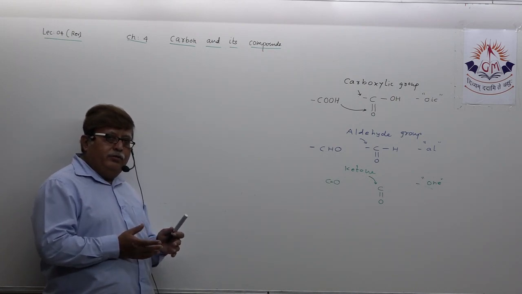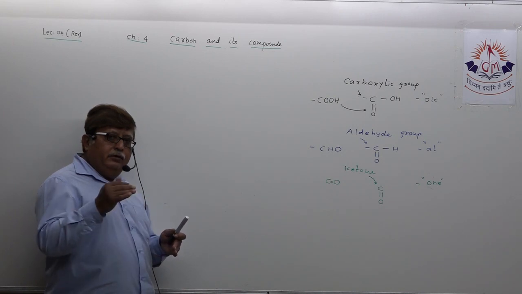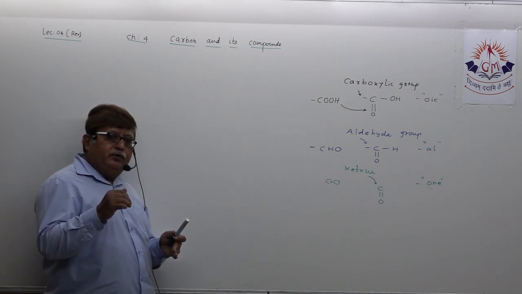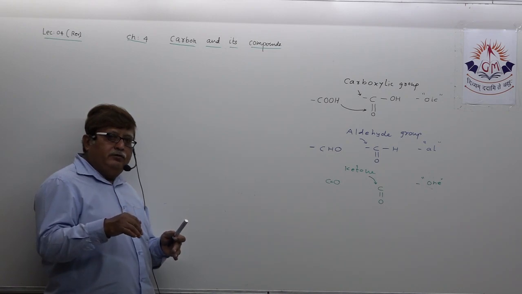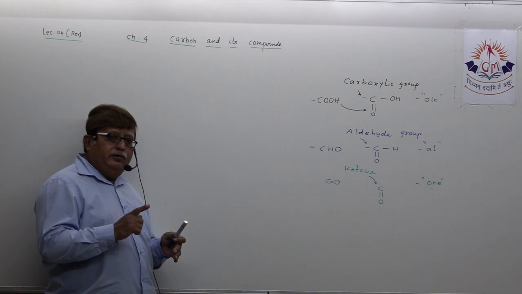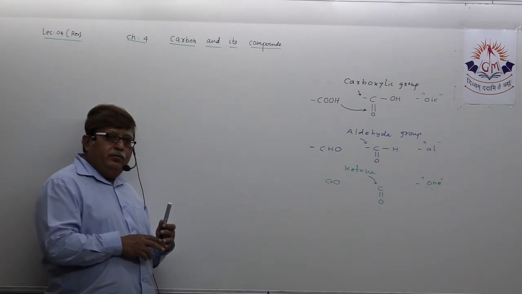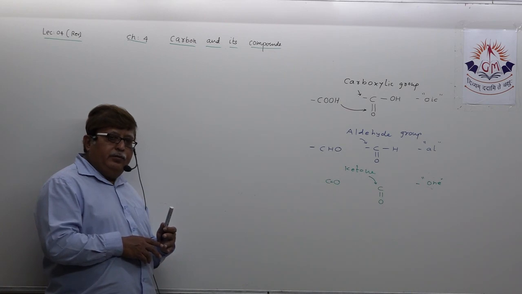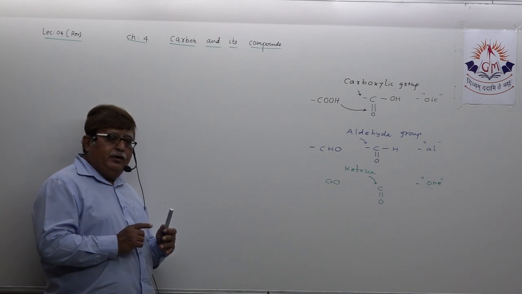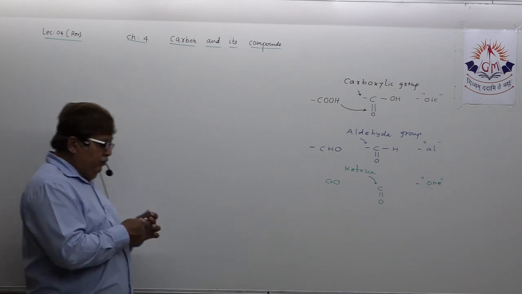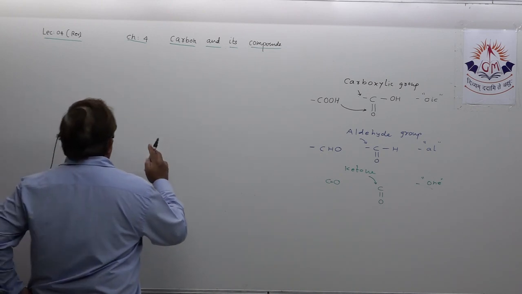You all know C1, C2, C3, C4, C5, C6, C7, C8, C9, C10: methane, ethane, propane, butane, pentane, hexane, heptane, octane, nonane, and decane. So target that also, one by one.